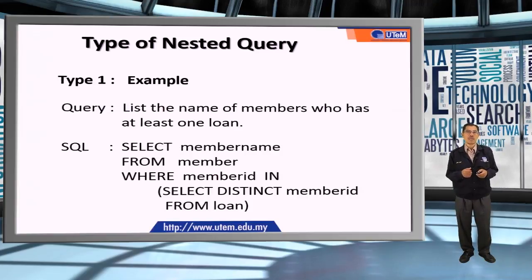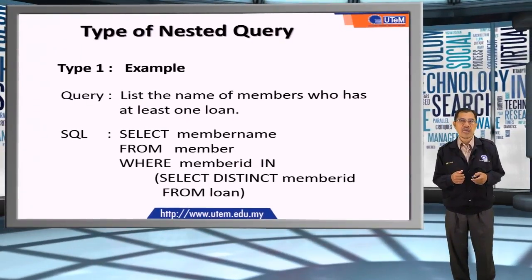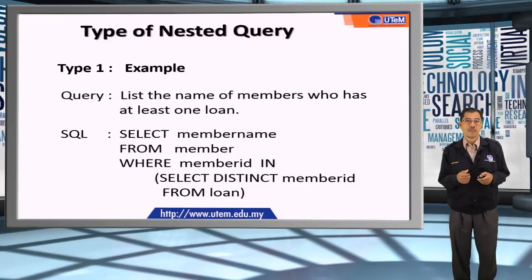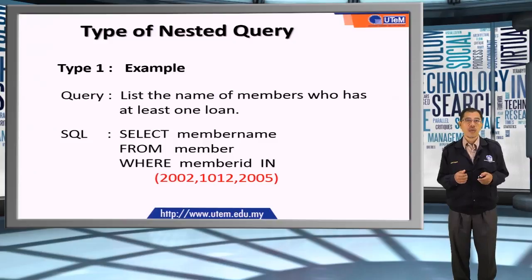For example, in the query that asks for the name of members who has at least one loan. This query can be solved by producing a list of member ID who has at least one loan, and then find the name of members whose member ID appears in the list of member ID.